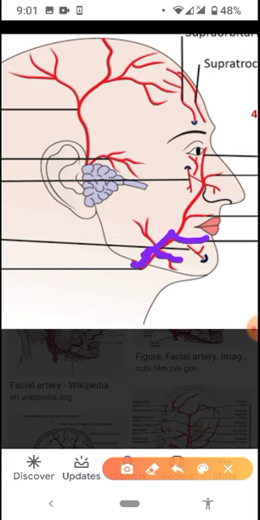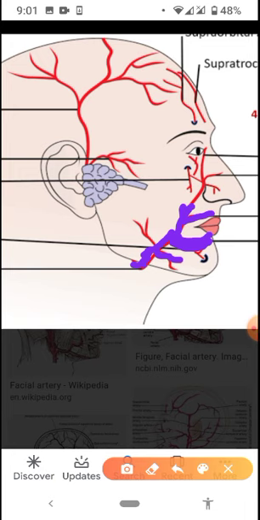This one is the inferior labial artery. It appears at the angle of the mouth, where you can see in this picture too, and it supplies part of the chin and the lower lip. Okay, then it moves upward, and then a branch called the superior labial artery.